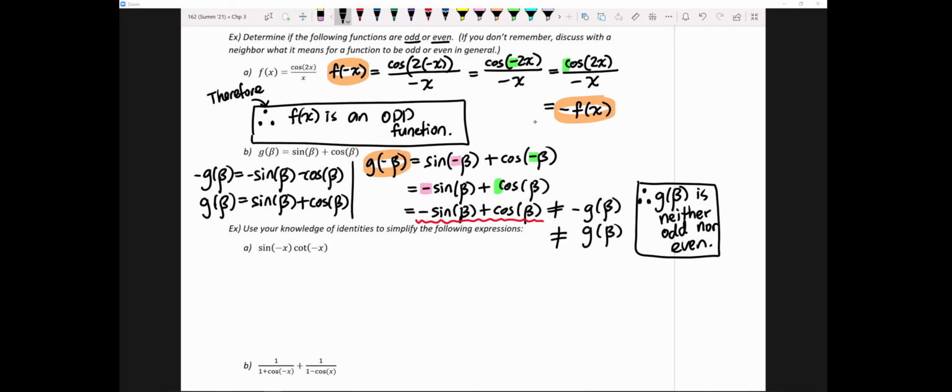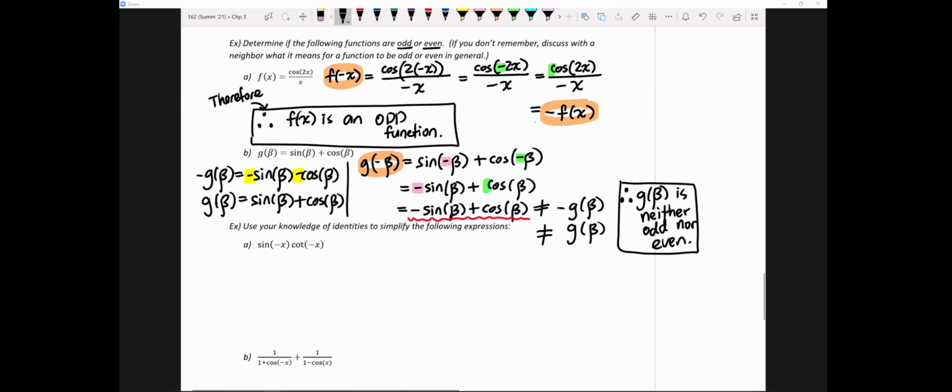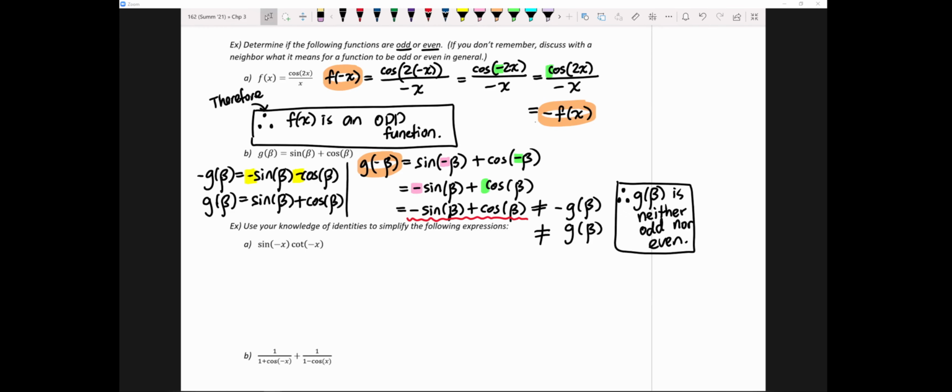So remember that when we have a negative sign on the outside, it distributes to every term. To recap here, if you are asked to test if a function is odd, even, or neither, you're going to negate the input. Then simplify.